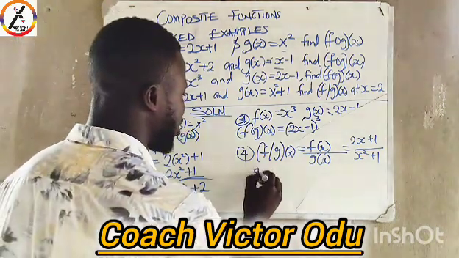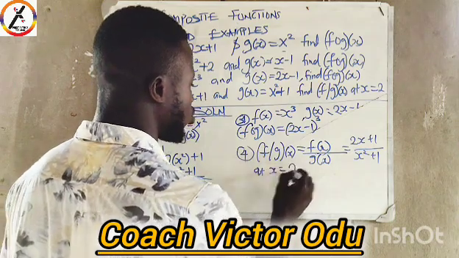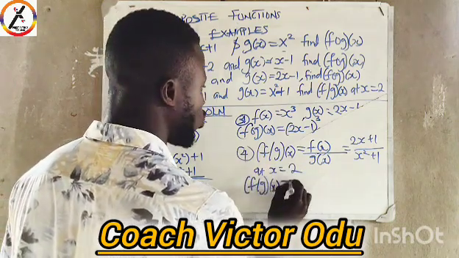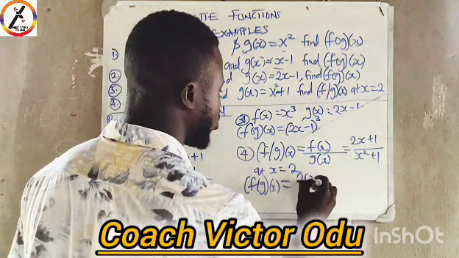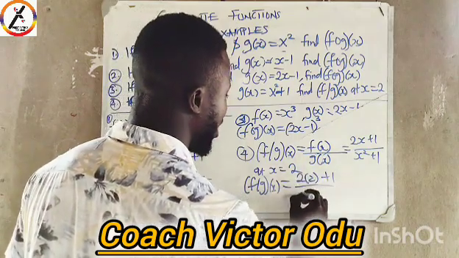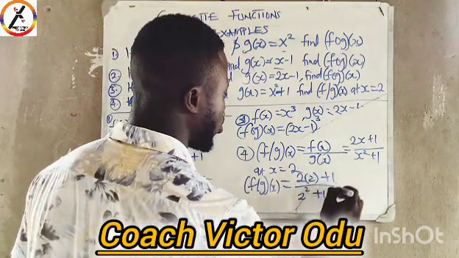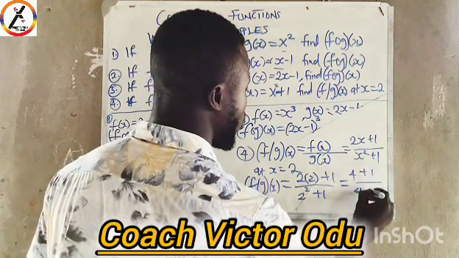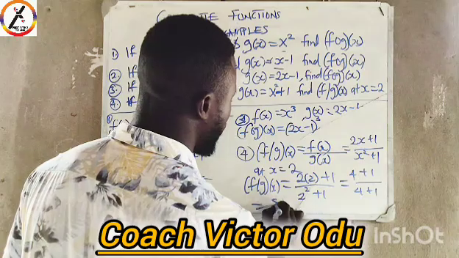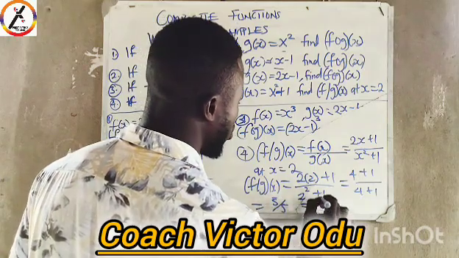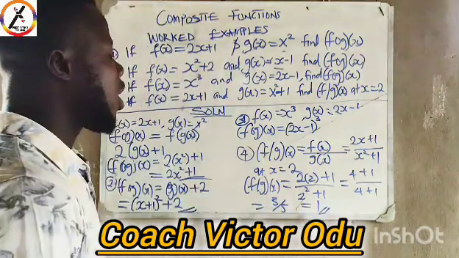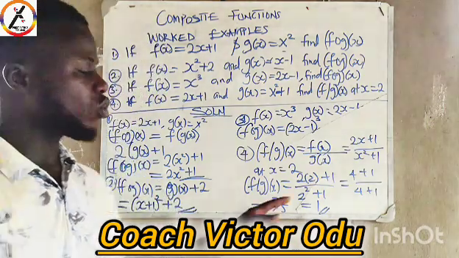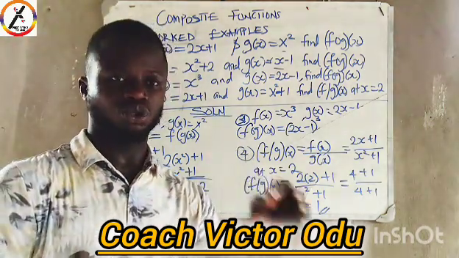So at x equal to 2, f over g will be equal to 2 times 2 plus 1 all over 2 squared plus 1. This will give us 4 plus 1 all over 4 plus 1, and we're going to be having 5 all over 5, which is equal to 1. So f over g of x is equal to 1 at x equal to 2.